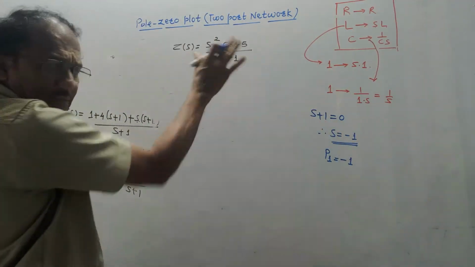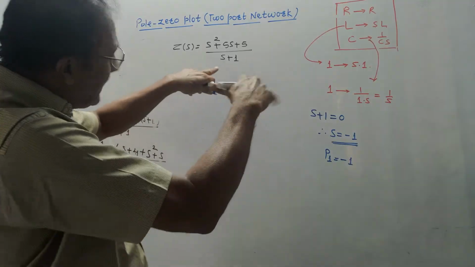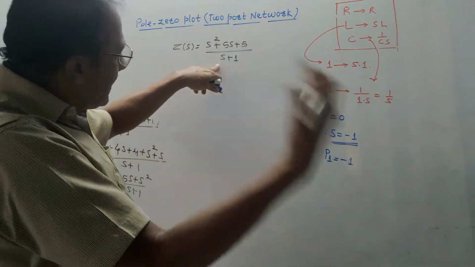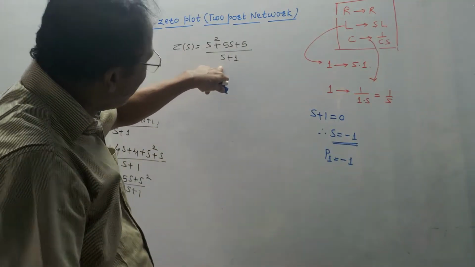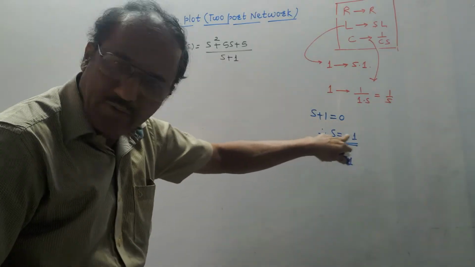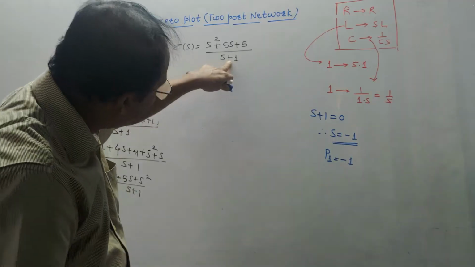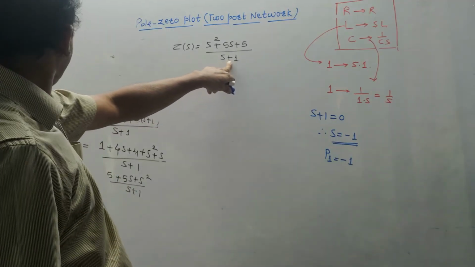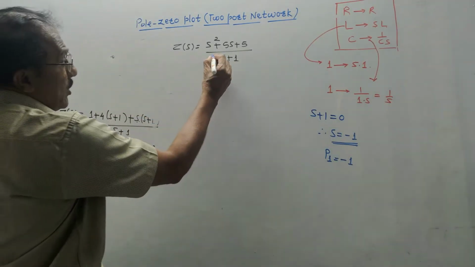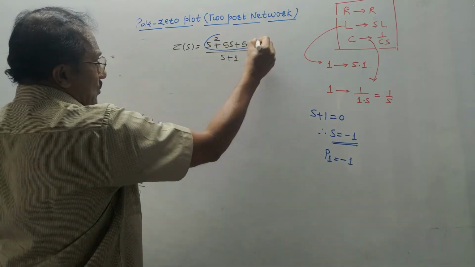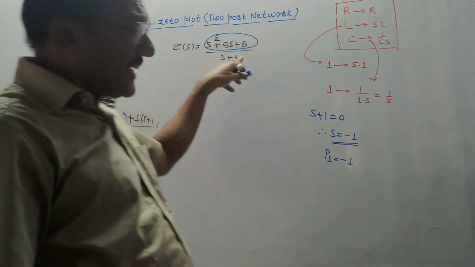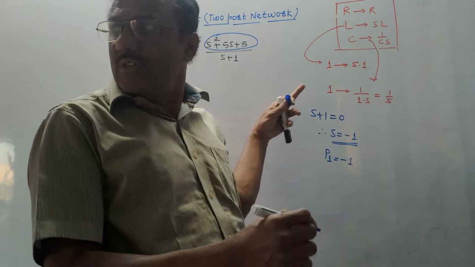Very simple trick. If there is only one term, not the term related to S square, S cube and so on, directly equate that term to 0, calculate value of S. Whatever you are getting, that is known as pole because it is related to denominator term. So pole is at minus 1. What about zeros? Zeros are roots of this numerator term. You need to do the calculations of roots of this term on the calculator.